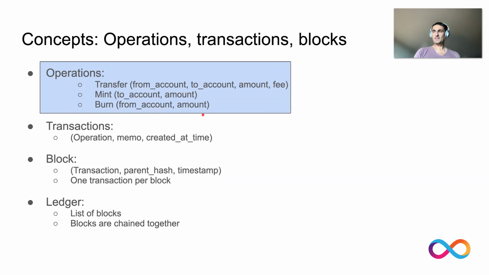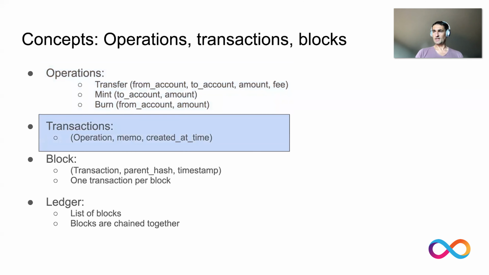These are the operations that act on balances, but when we record them in the ledger, we include them in a transaction. Each operation will be part of a single transaction. Besides the operation, the transaction also includes a memo field. This is just a 64-bit unsigned integer that can be specified, as we'll see immediately, by the creator of the transaction.